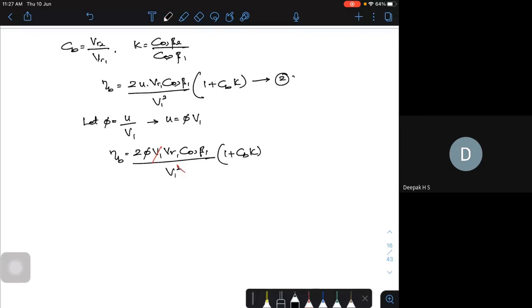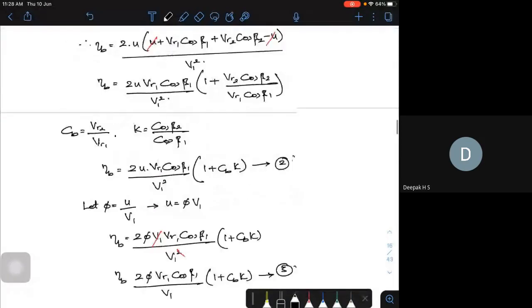I'm left with the blade efficiency equal to 2 phi VR1 cos beta 1 divided by V1 into 1 plus CB into K. Let me call this equation number 3. Okay, anything else left out?